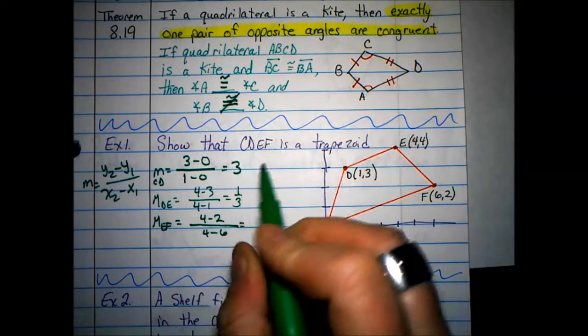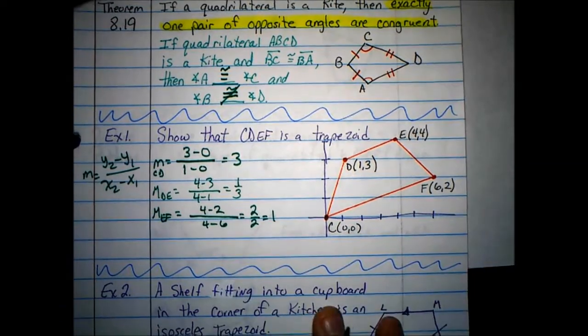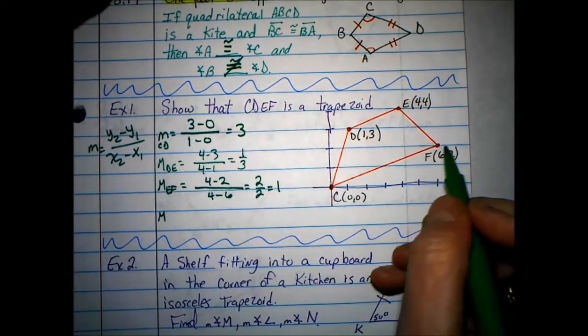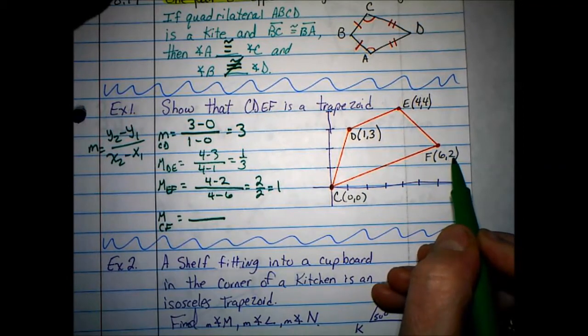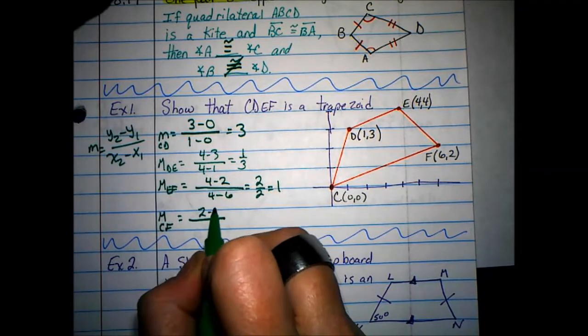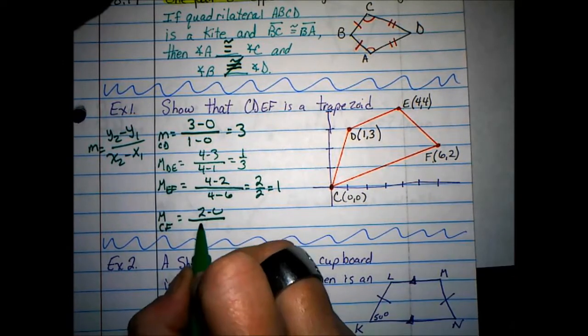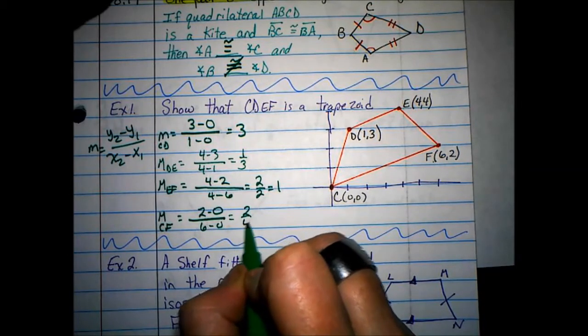Well, that will be 2 over 2, which is a 1. And now I'm going to take the last side, that would be CF. I'm going to go 2 minus 0, take F from C. So 2 minus 0, and then the x is 6 minus 0, which is 2 over 6, that reduces to 1/3.